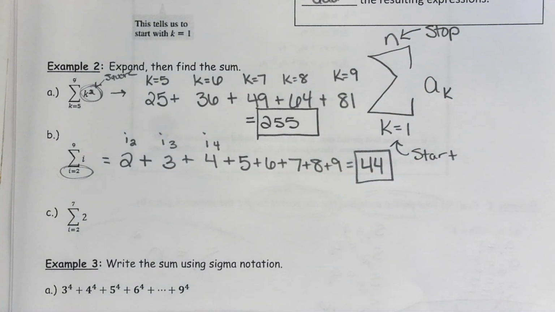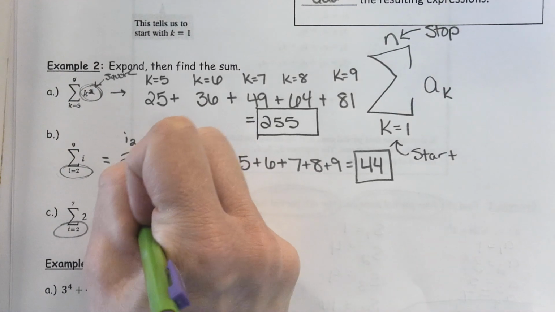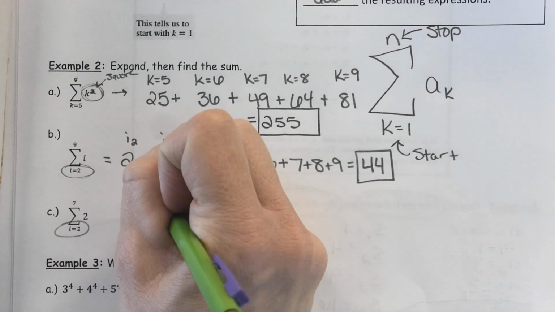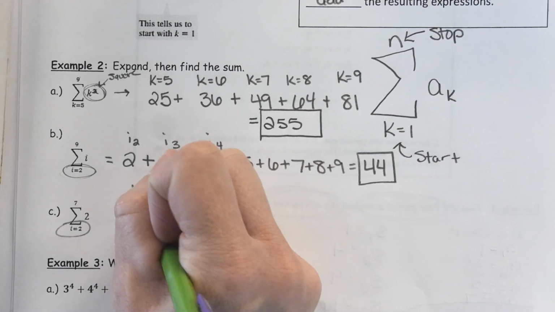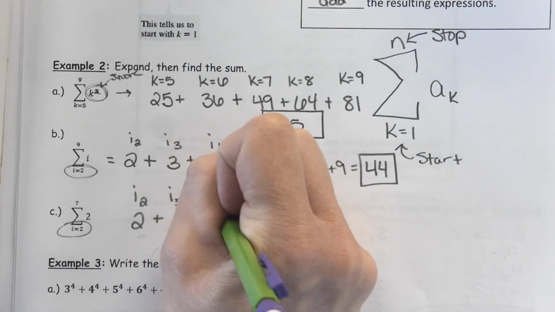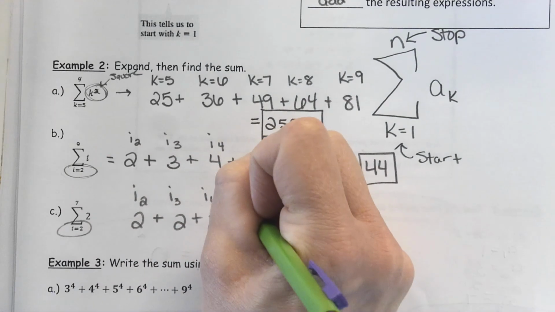Okay, the next one's kind of funny. I'm going to start at I sub 2, and I'm going to go to plug it in. Is there a spot for me to plug in? No. So guess what? It's just 2. What's I sub 3? 2. What's I sub 4? 2.